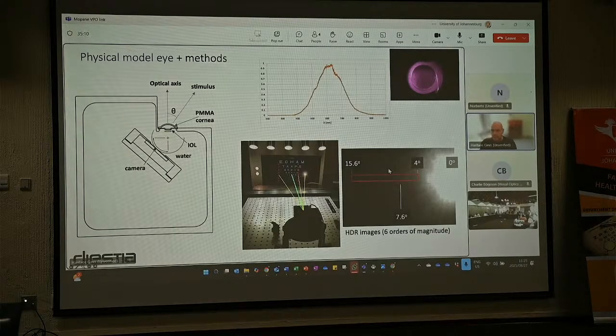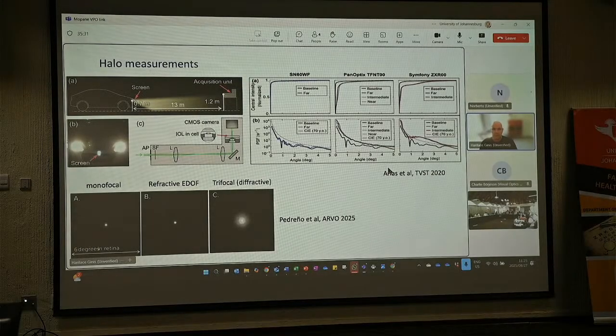We have acuity, contrast sensitivity tests with gratings, fields, dots, all different types, depending on what one wants to see. And this led to a number of publications studying the glare of the high rise.